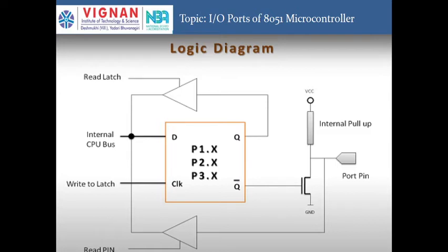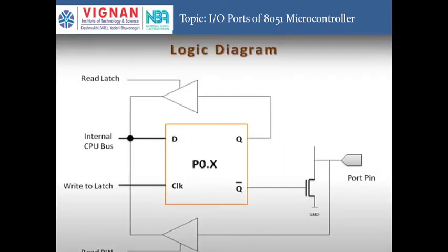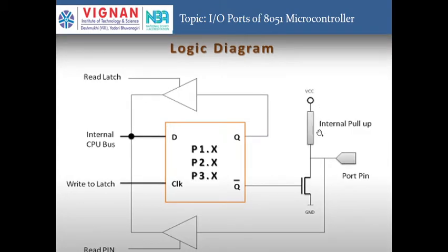So let us see how these 8051 ports are managed by this logic diagram. Port 1, port 2, port 3 have this particular logic diagram. But if you talk about port 0, the internal pull-up resistors are not there, so it looks like this. These are not having any internal pull-up resistors, whereas for port 1, port 2, port 3, X is nothing but 0 to 7, that is 8 bits, P1.0, P1.1 up to P1.7.